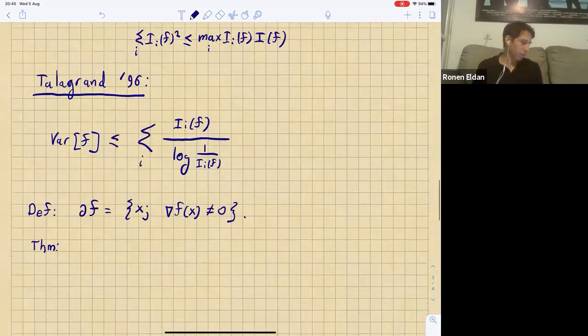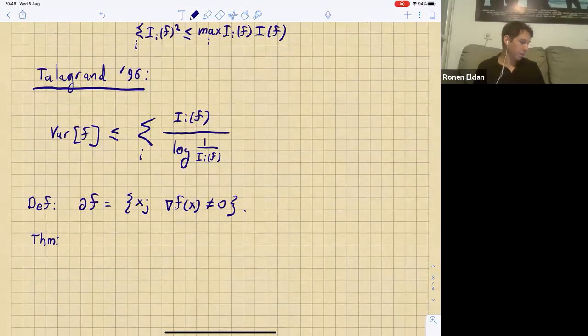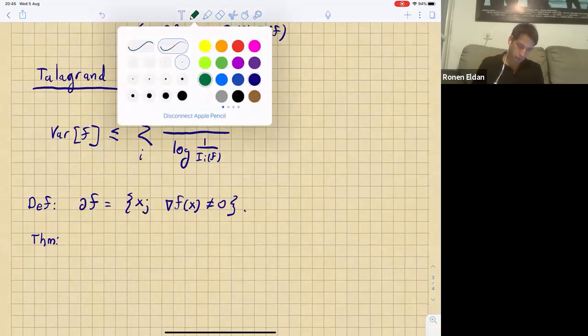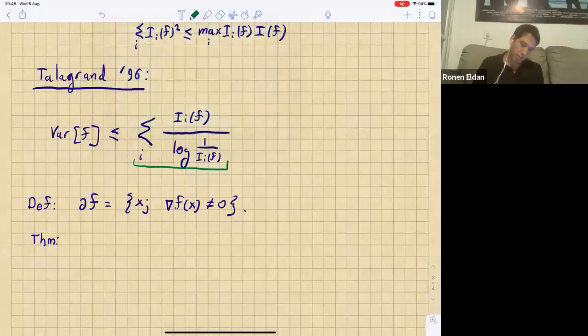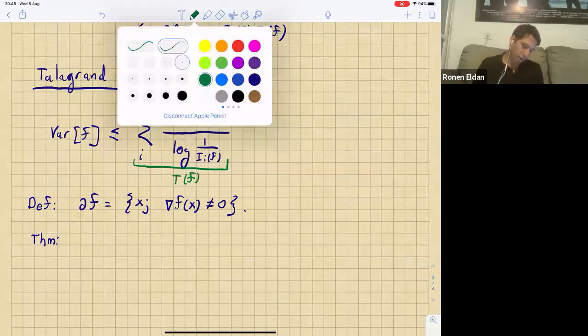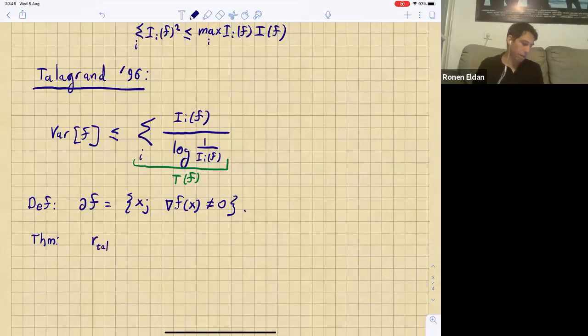And our theorem is the following. Let's give this right-hand side a name, let's call this T of f, and let's define our Lagrange of f to be the ratio between the variance of f and T of f.